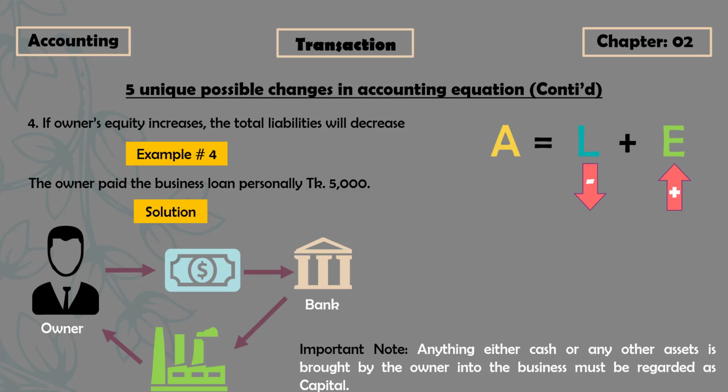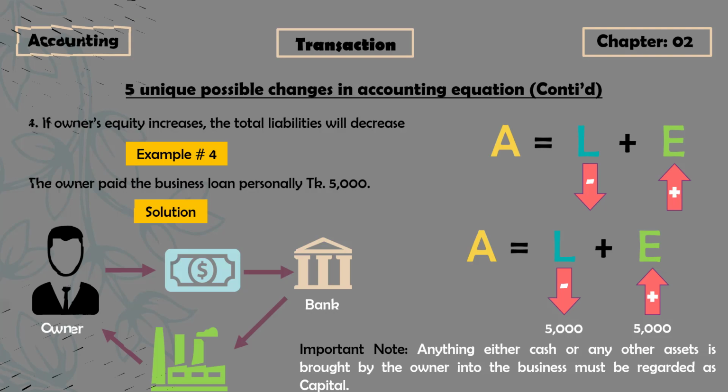So E increases, and at the same time as bank loan is paid, it will decrease liabilities. So L decreases and E increases, both by 5000.